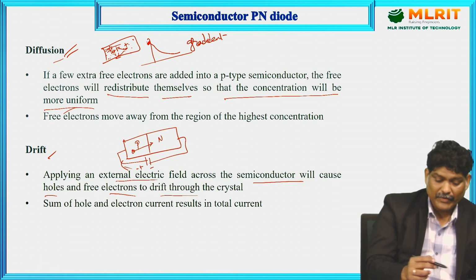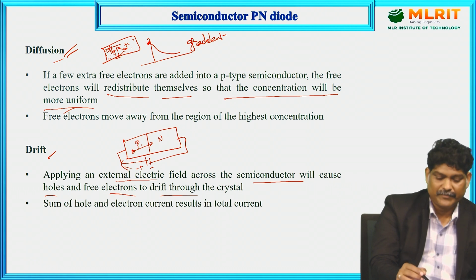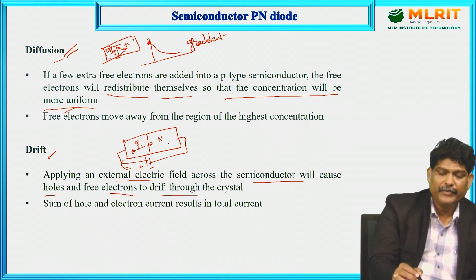In such a case some of the electrons or holes may collide with other atoms in the PN diode crystal or in the connecting wires.